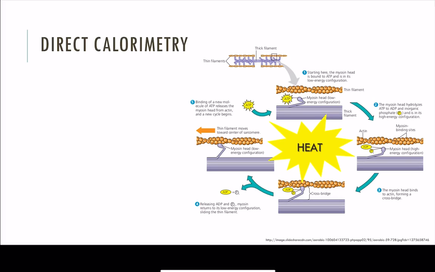I didn't mention the fact that this conversion generates heat, but the process by which we use ATP and break off that phosphate and transfer chemical energy into the mechanical processes in the muscle isn't an entirely efficient process, and it does release some heat. And so direct calorimetry measures the amount of heat generated as an indicator of how much total work is being performed in the body.